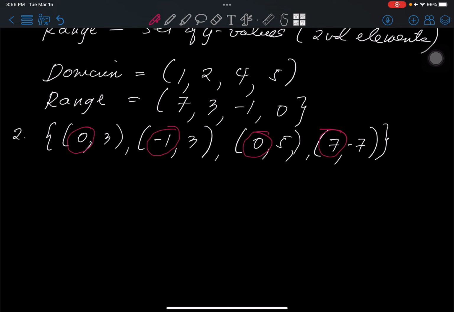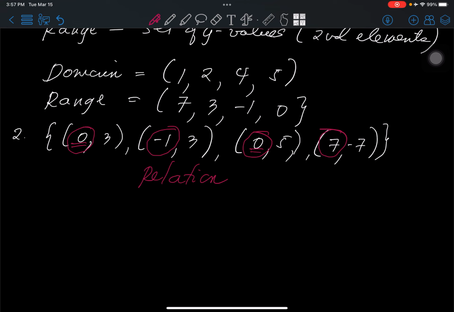Getting into the definition of a function, your x values shouldn't be repeated. In our second example, your 0 is repeated twice. Therefore, this is not a function. This is simply a relation, class, because 0 is repeated twice.